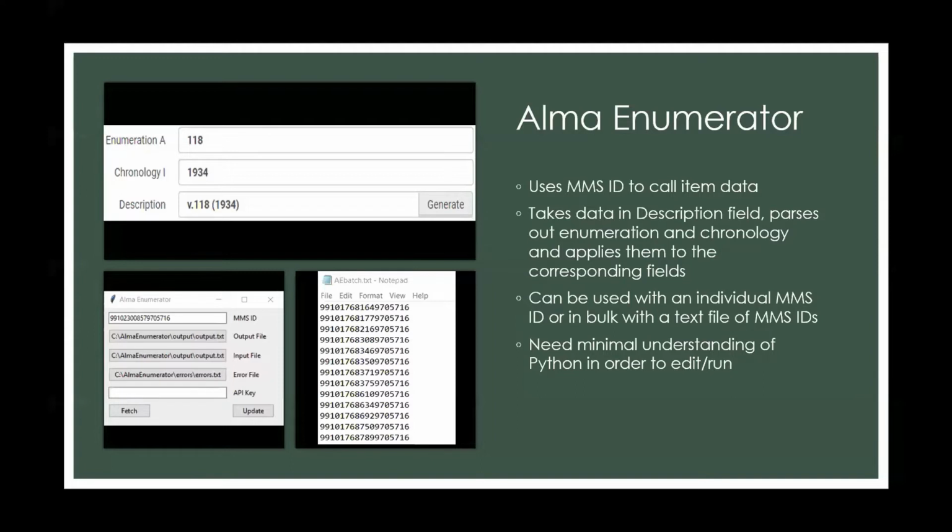You can use the batch process from the command line to edit a run of MMS IDs. And in order to use Alma Enumerator, it's very simple. You only need very minimal understanding of Python in order to edit the script and then to run it.